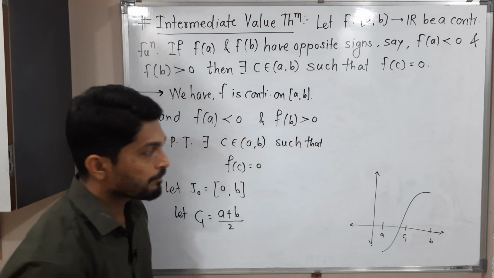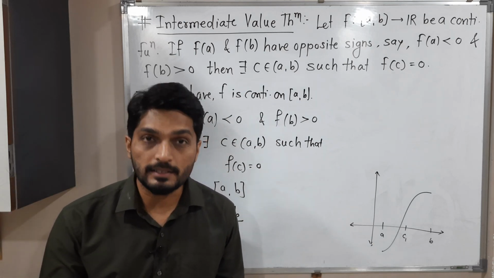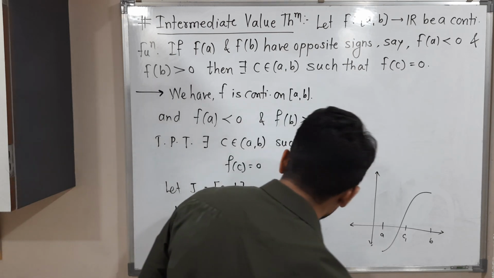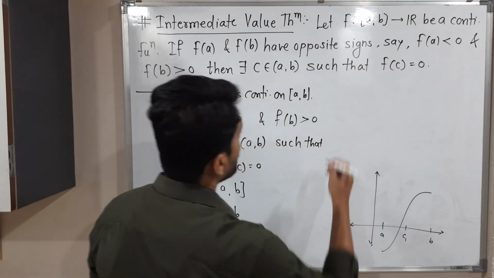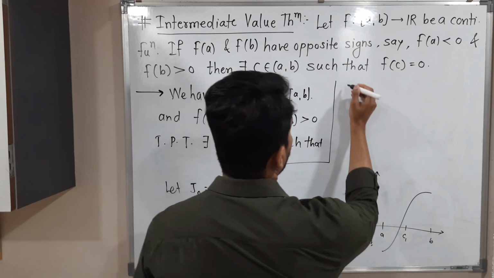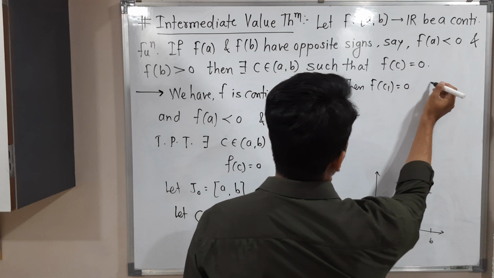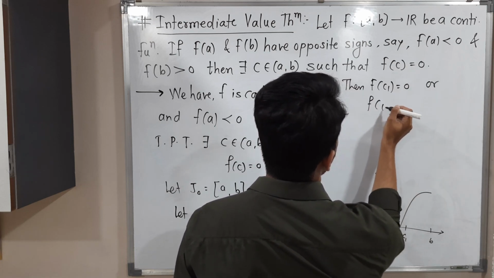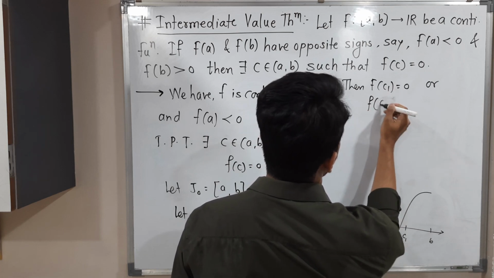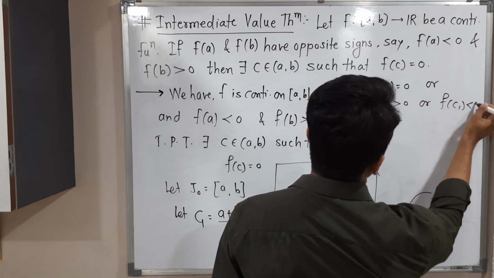By the law of trichotomy, there will be 3 possibilities. Either f of C1 is 0, or it is positive, or it is negative. So let me mention: f of C1 is equal to 0, or f of C1 is positive, or f of C1 is negative.